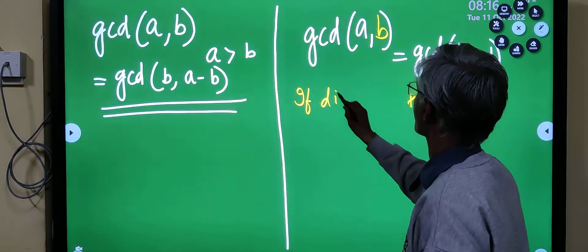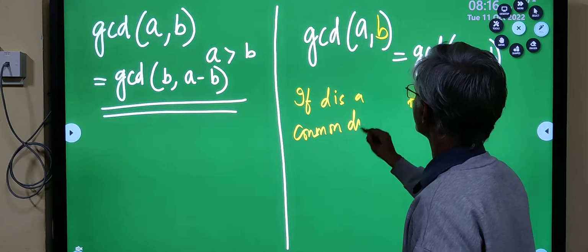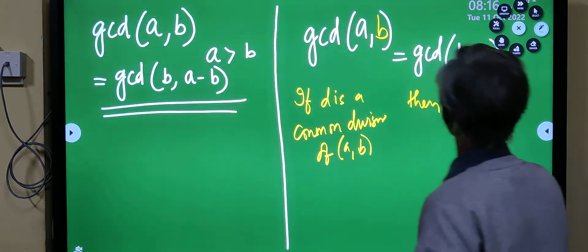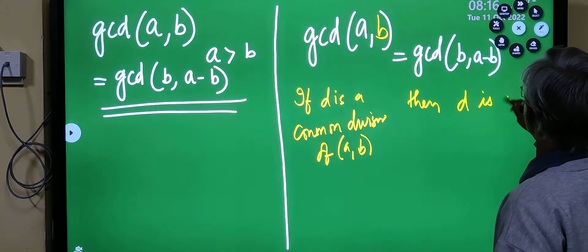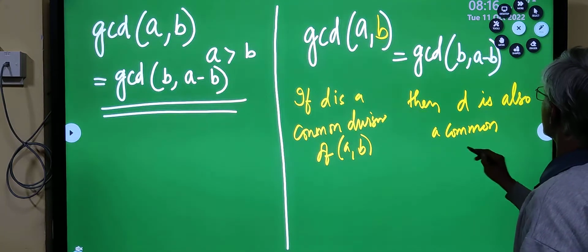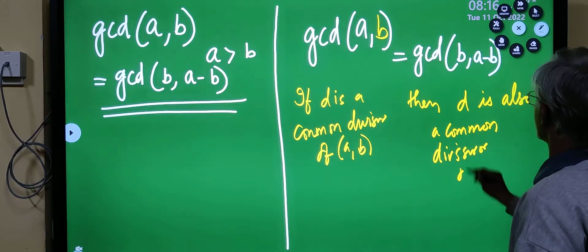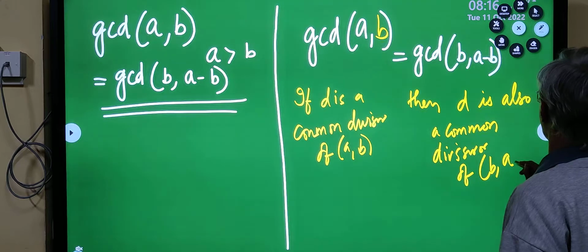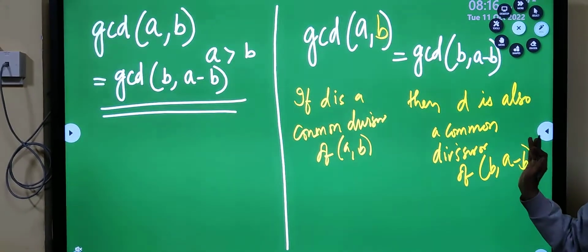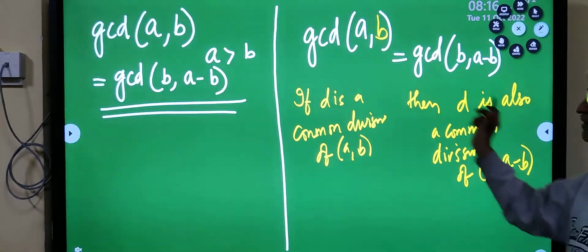If D is a common divisor of A and B, then D is also a common divisor of B and A minus B. Now, just want to point out one minor thing. This statement alone does not complete the proof.